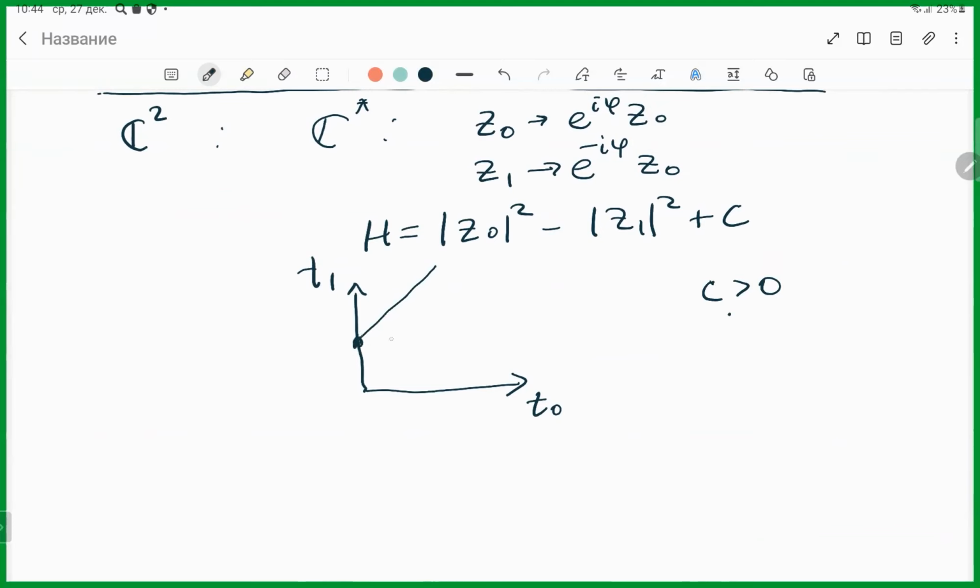It's a ray. So this is c, and I will have a ray.